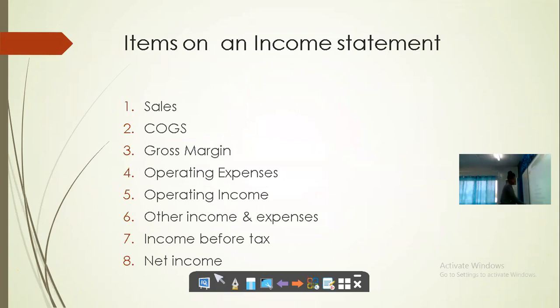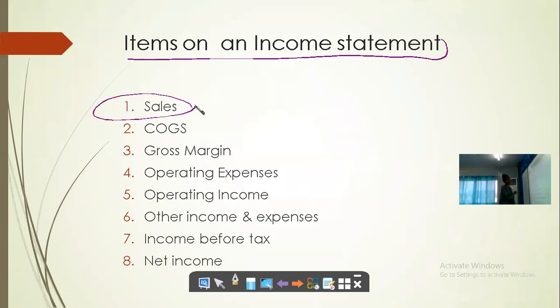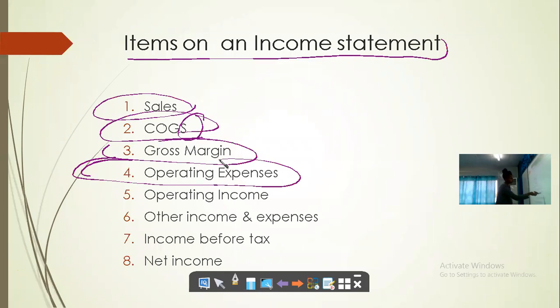So what are the items that are listed on the income statement? First, you have sales, whatever was earned during the accounting period. What is COGS? Do you remember? Cost of goods sold, exactly. Then gross profit, whatever they earned after subtracting all the costs of selling those goods. Then you subtract operating expenses accumulated from operating activities, and you get the operating income.